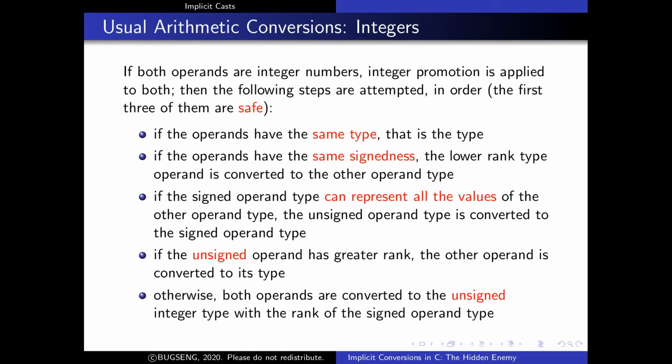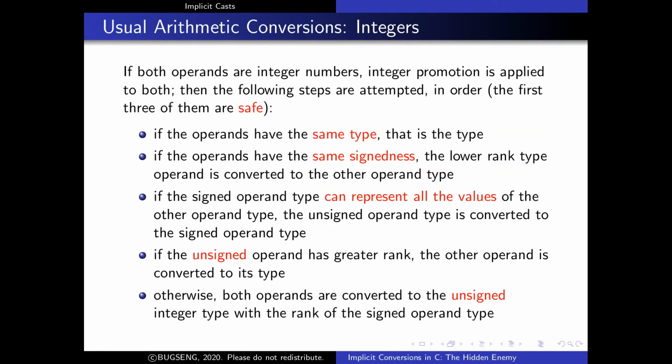And then the following steps are followed. The first three of them are safe, meaning that there are no risks involved. Only the last two steps are risky, because there may be a loss of sign and of value and bad things. So first rule, easy. If the operands have the same type, that is the type of the result.